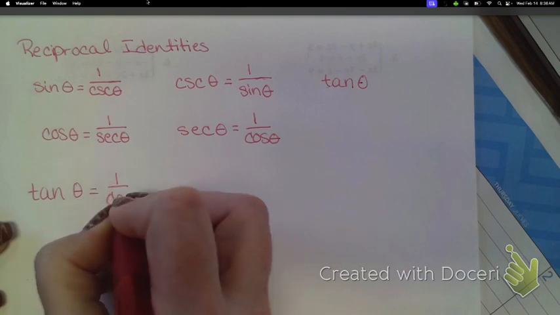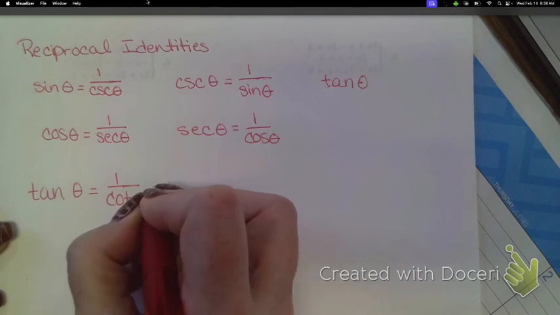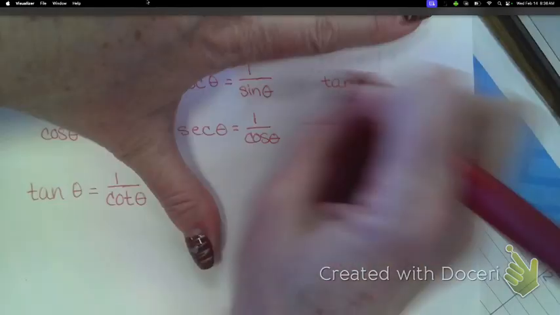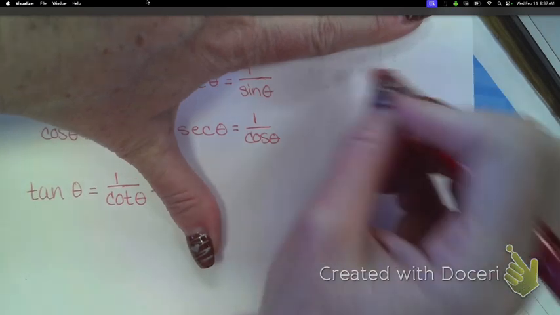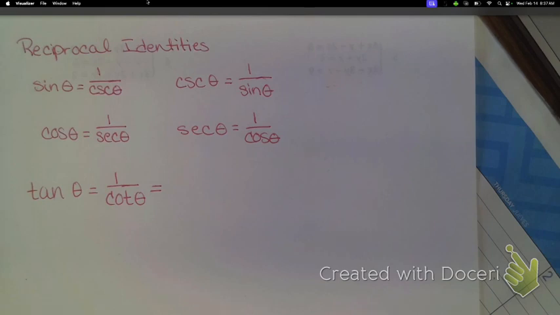Let's just write our ratio ones right next to it. Tangent is also equal to what function over what function? I want you to see that it's 1 over cotangent, but it's also whatever over whatever. Sine over cosine.